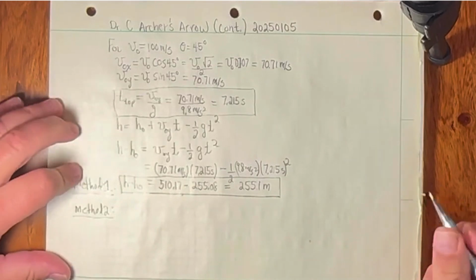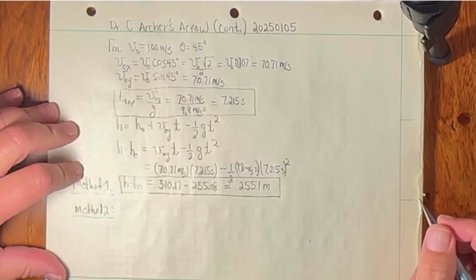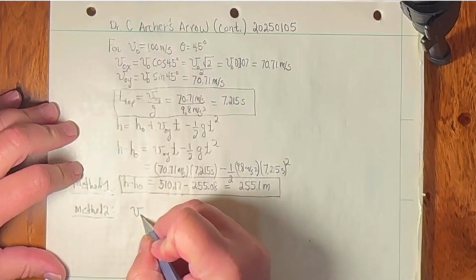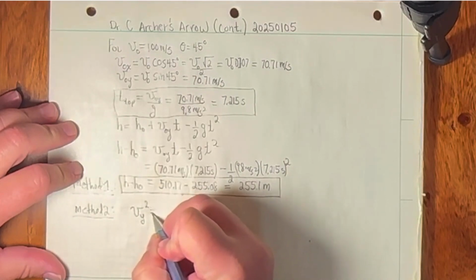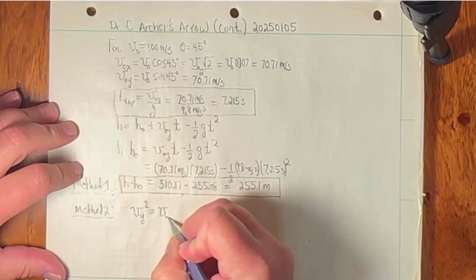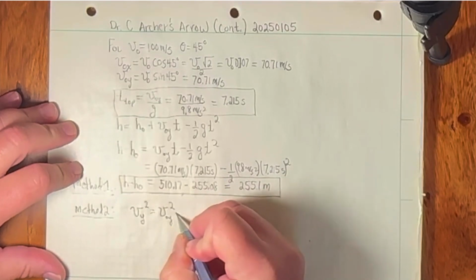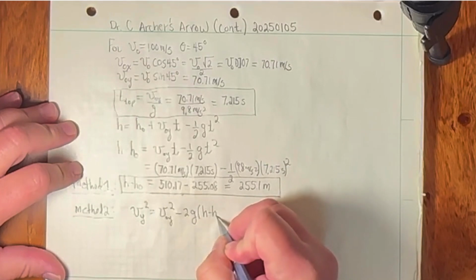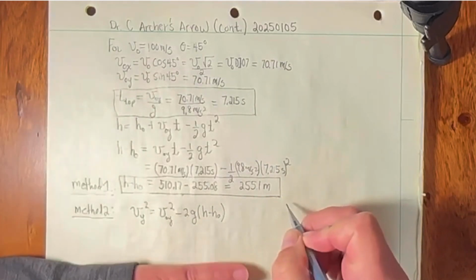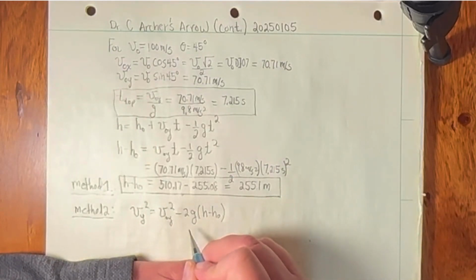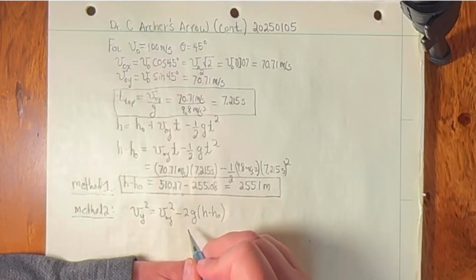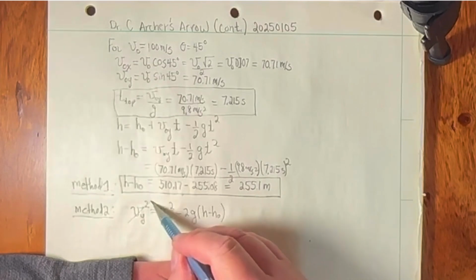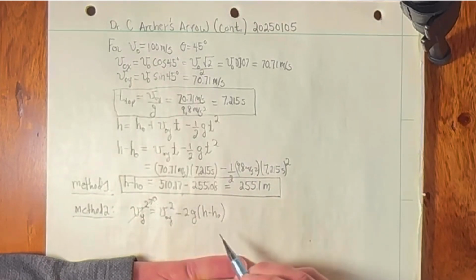We're going to use the expression that doesn't involve the time. Remember, Vy squared is V naught y squared minus 2g times h minus h naught. This is the equation that doesn't involve time. We eliminated time. So the initial velocity we know, but when we get to the top, we know that's 0.